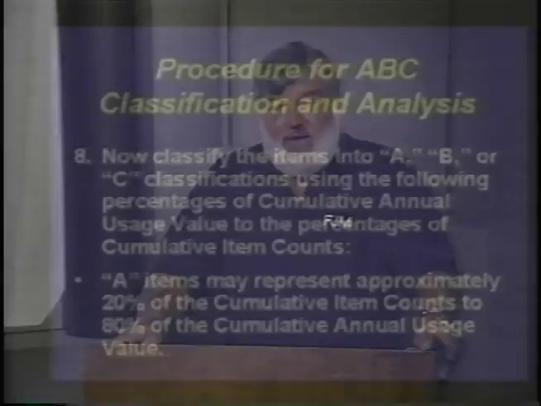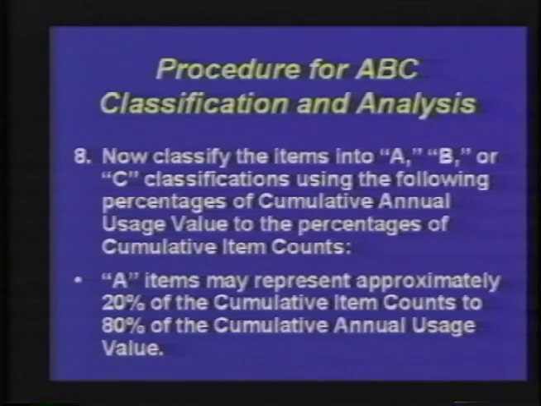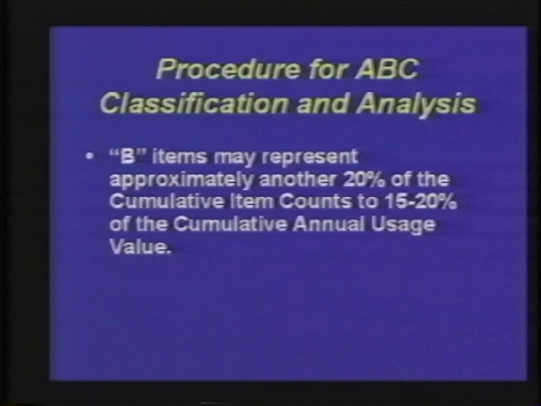Now I'm ready to go into step number 8, and we have the guidelines that develop the parameters relative to the A, B, C items, and I went through that earlier with you, but in this case we're indicating 20% of the part numbers would represent about 80% of the cumulative annual usage value, and then another 20% of the part numbers could represent 15 to 20% of the cumulative usage value.